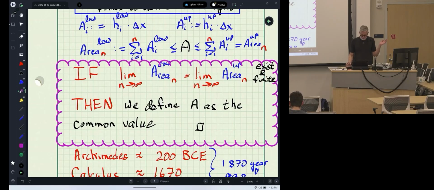And we noted that if the limit, as we take the number of rectangles to infinity, of the lower bound and the upper bound agree, so they both exist, they're finite and they're equal, then we define the area as the common value of that limit.